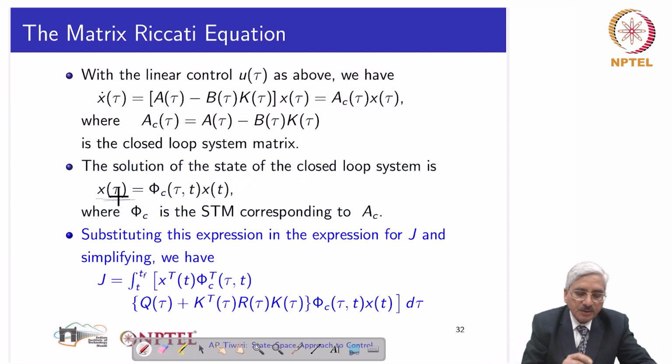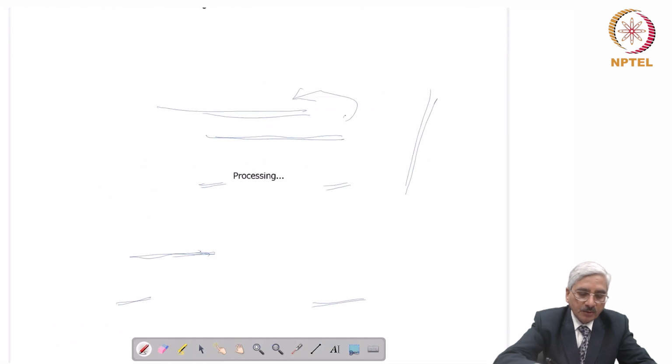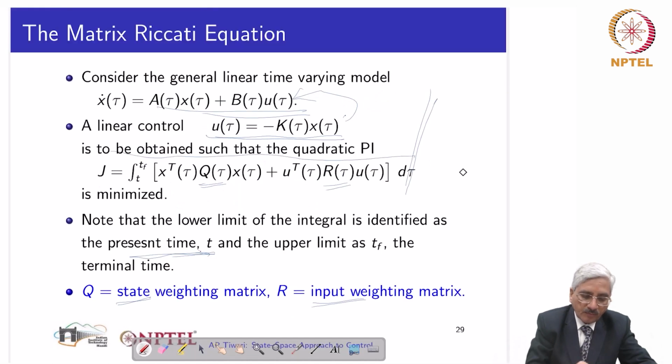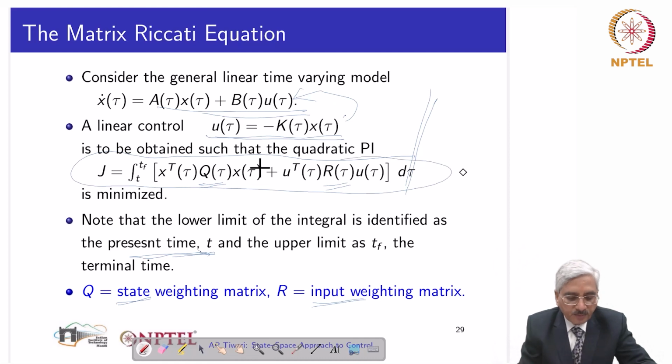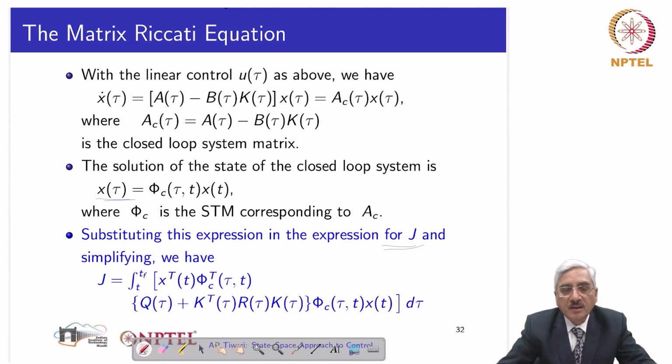This we can substitute in the expression for J, which was there previously. I am going back to this one. In this one, in place of x(tau) and x transpose(tau), we substitute the values in terms of phi, the state transition matrix, into x(t). And in place of u, we of course substitute Kx.